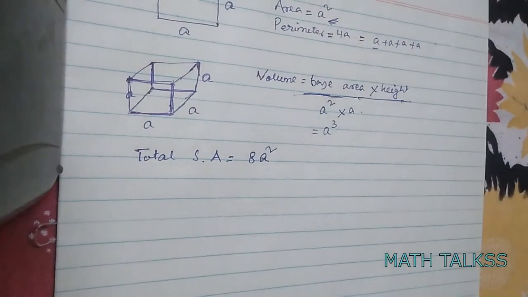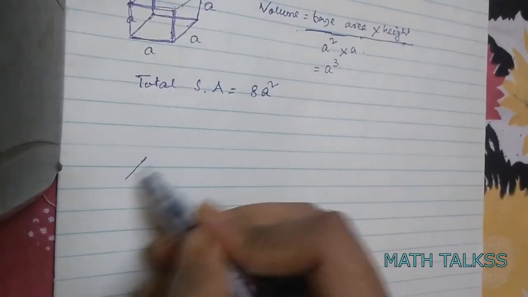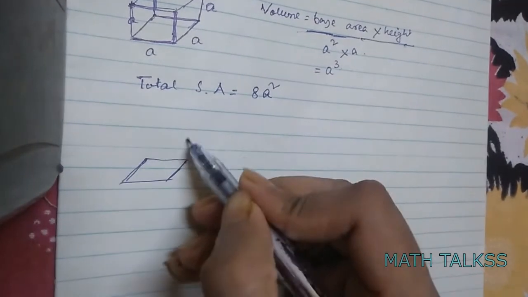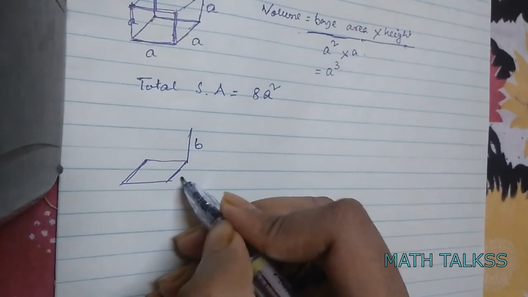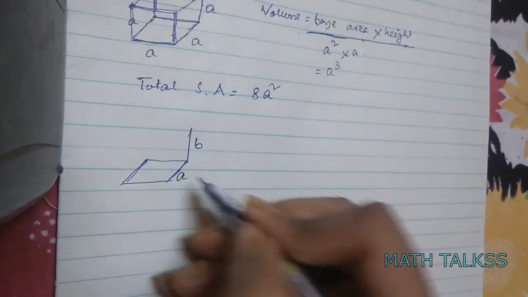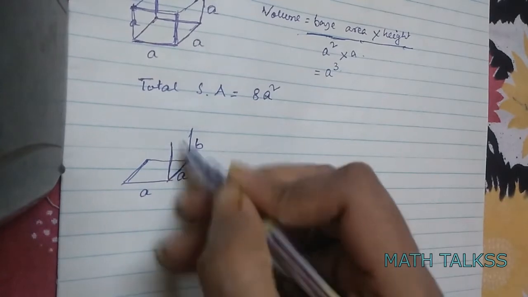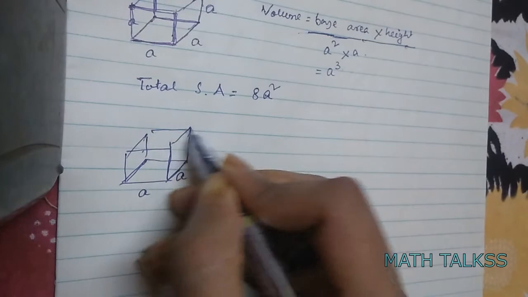Now see, if a square base is given some height of length b, this square has length a and it is given height b, then what will be the volume of this geometrical solid?